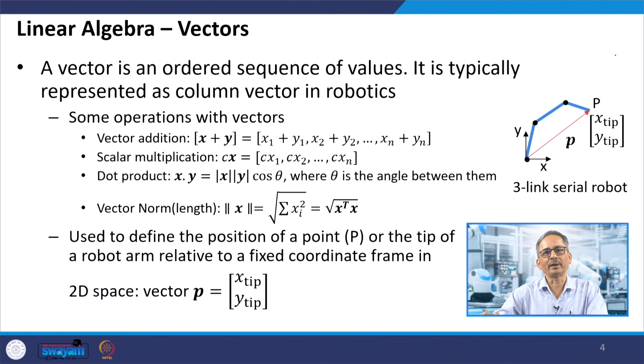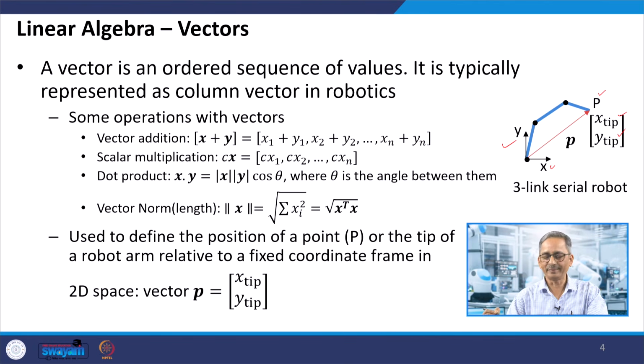First of all, let us see, if I have to represent a point in space, or say the tip of a robot in space, how can I do that? To do that I need a coordinate system, x, y here, and if I want to represent this point P, I can represent it with the help of a vector which contains information about x tip and y tip.